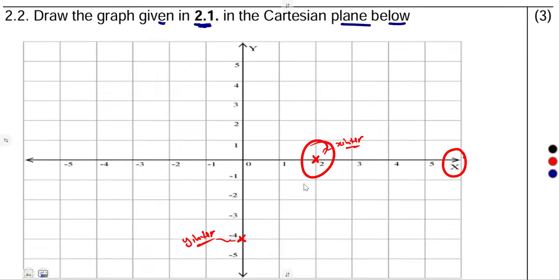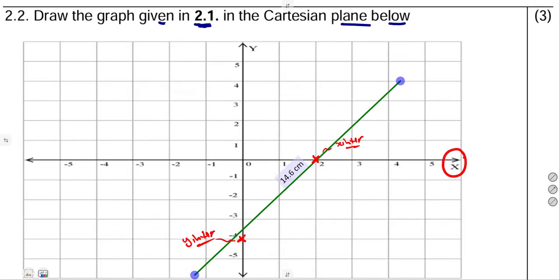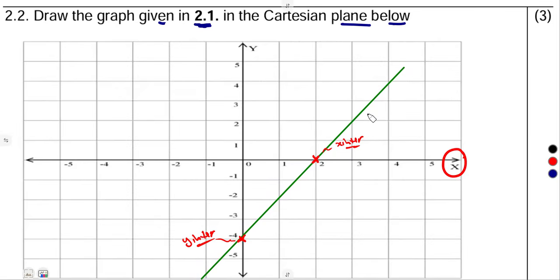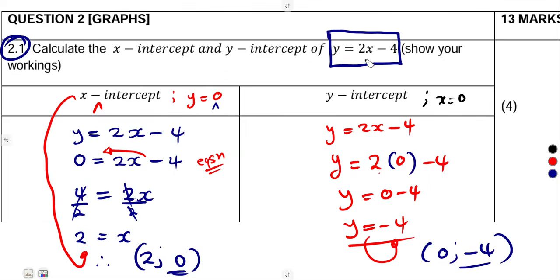With these 2 points, a line can be drawn by joining them using your ruler. You have got what? A straight line. That is the graph of y is equal to 2x minus 4.